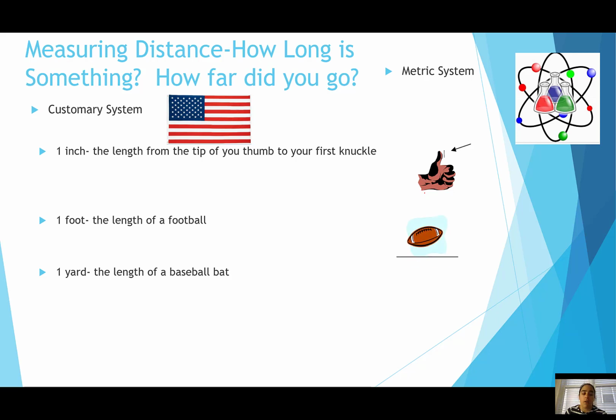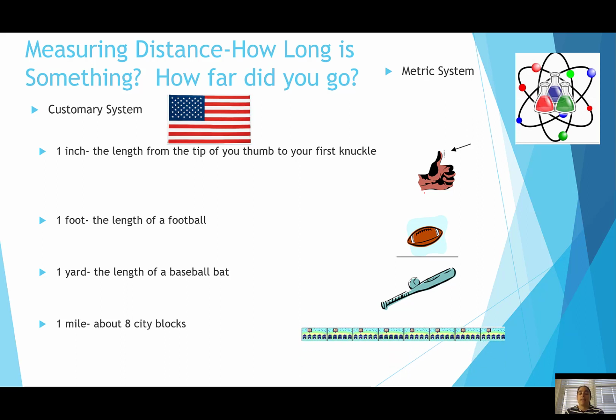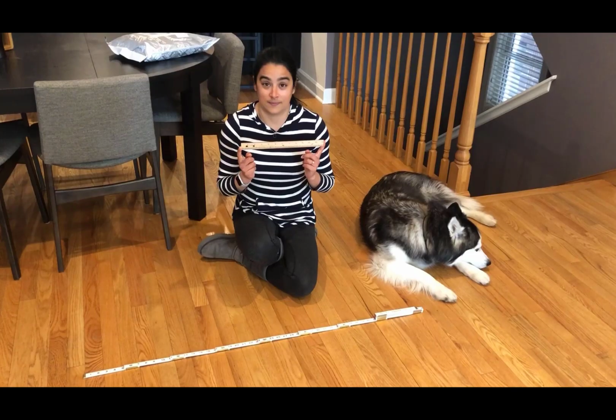We have 1 yard, which is the length of a baseball bat. And we have 1 mile, which is about 8 city blocks when you walk. Okay? These are the units of measure for distance in the customary system.